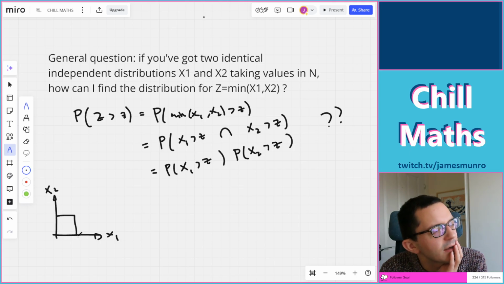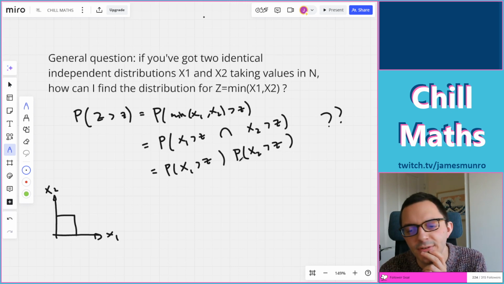That doesn't tell me anything about... Yeah, okay. So this is this thing I've been doing about having both of them greater than something. Yeah, okay.